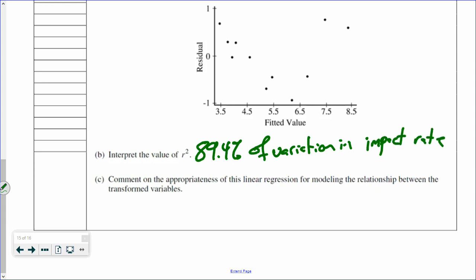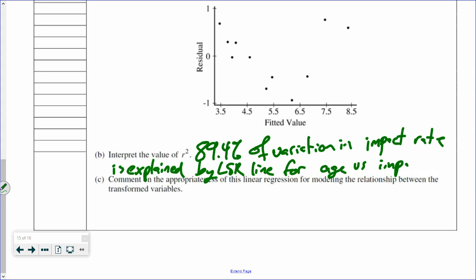Is explained by the LSR line for, what is it, age versus impact rate. So age does a pretty good job of predicting impact rate. 89.4, that's a darn high r squared value.